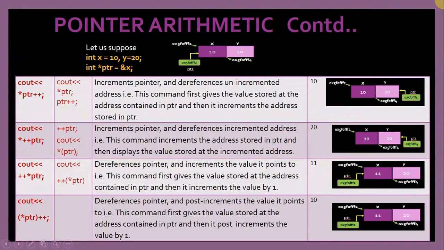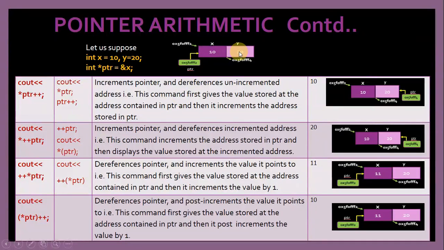Now let us see what happens if I give the command cout plus plus star ptr. Very important to understand. It functions like this: plus plus and then in the bracket it is star ptr. So it dereferences pointer and increments the value it points to. That is, the command first gives the value stored at the address. You can see star ptr is in brackets. So according to BODMAS, the bracket will be performed first, so star ptr will give the value which is present at this address.